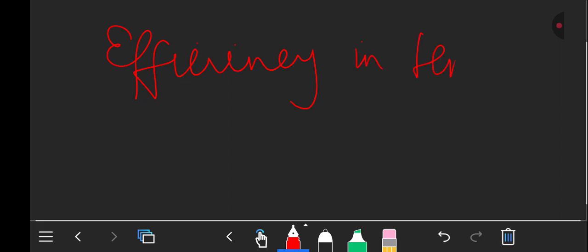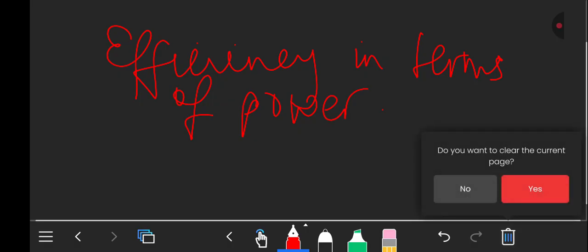So let's look at efficiency in terms of power. How can you find the efficiency given the useful power output and also the total power input? This is the formula you use.